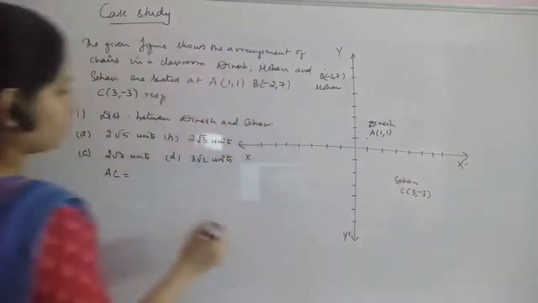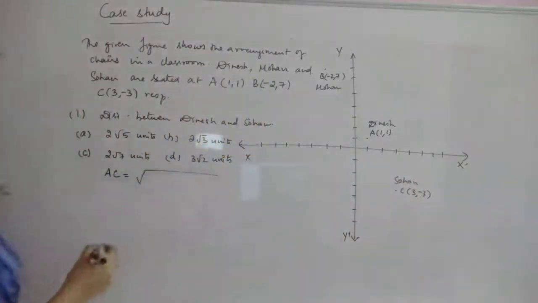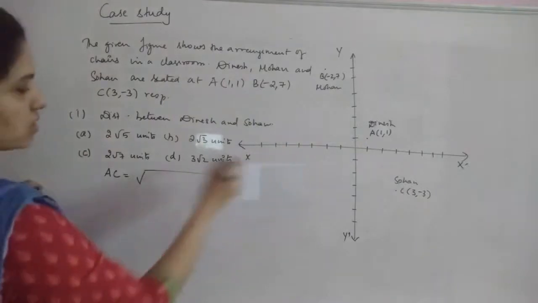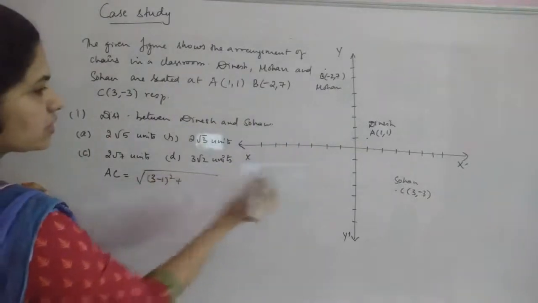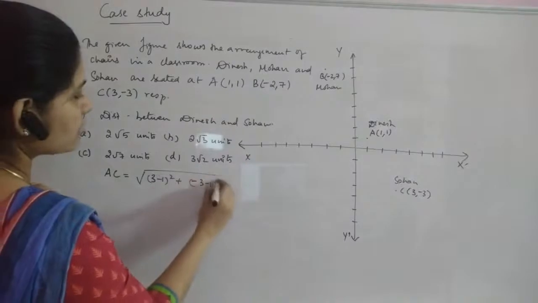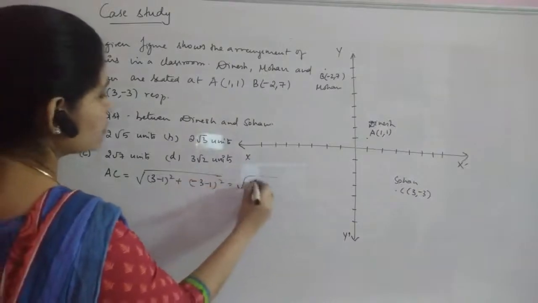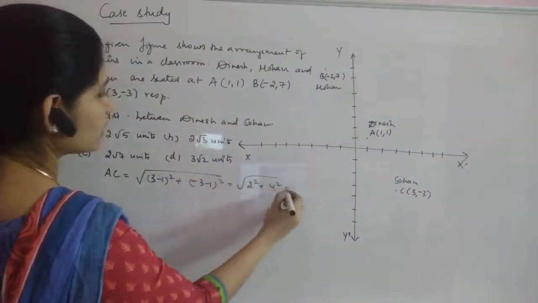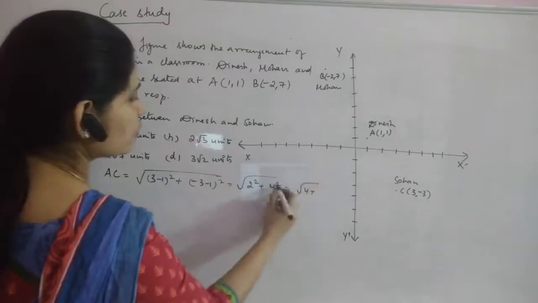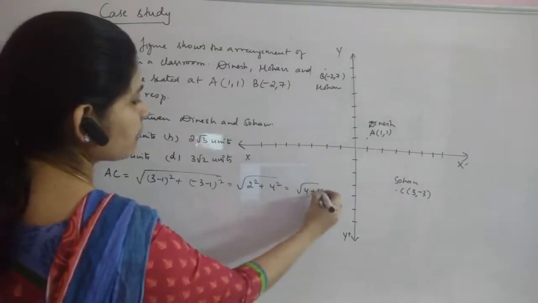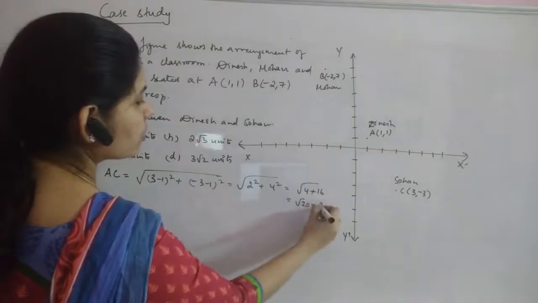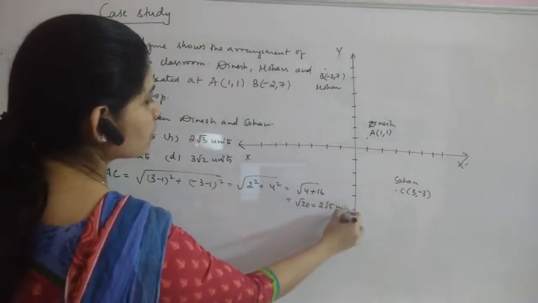Okay. So AC is equal to root of x2 minus x1 the whole square plus y2 minus y1 the whole square. You can just use like this, 3 minus 1 the whole square plus 3 minus 1 the whole square. So that will give you 2 square plus 4 square, which is equal to 4 plus 16, here you are getting root 20. Root 20 is 2 root 5 units.